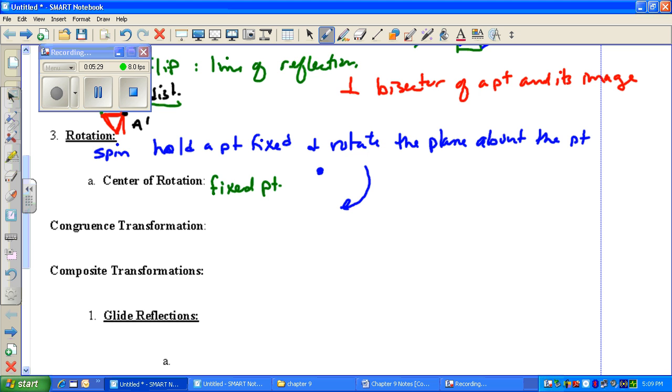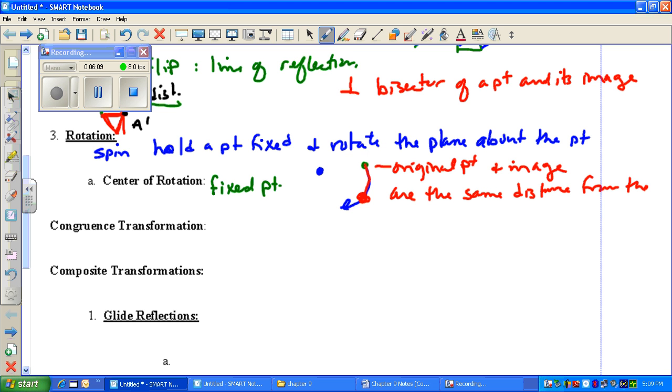Now what happens is the original point and the image point are the same distance from the center. So if this was my original point, and I used this as my center of rotation, and I rotated a certain number of degrees, the original point and the image, here's my image, are the same distance from the center point, which is the center of rotation.